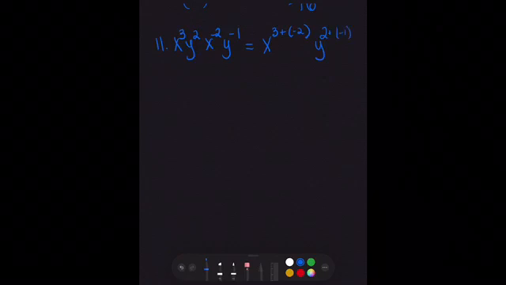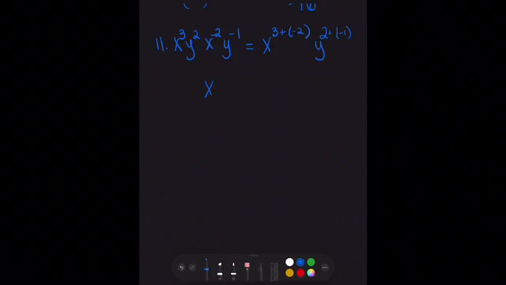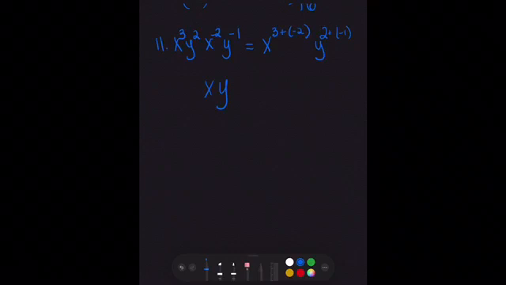Okay, so 3 plus negative 2 is 1, so we don't need to write that. If our exponent's 1, we don't have to write that. And our exponent for our y will also be 1. Okay, do number 12 on your own because it's similar to this one that we just did. And we will definitely go over those in our class on Wednesday.